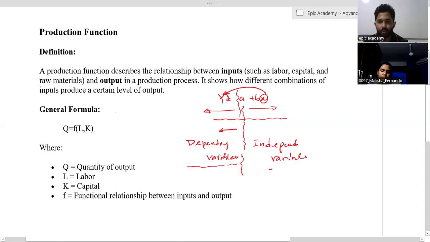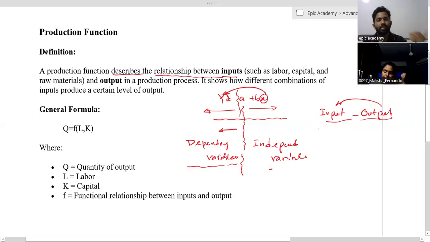In here, a production function describes the relationship between input and output. Okay, input and output. The relationship between those two variables is described by using a function. That function is the production function.